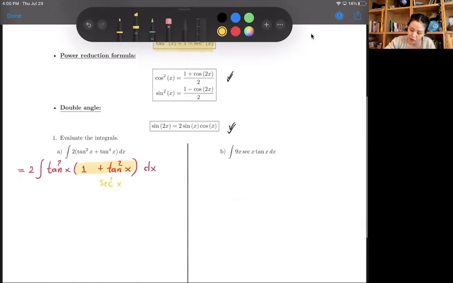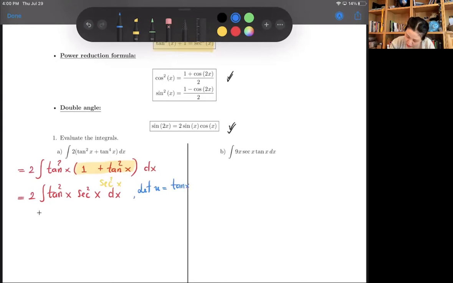Let me rewrite this function: 2 times the integral of tangent squared x secant squared x dx. Now I can use u-substitution. I'm going to let u equal tangent x. Why?